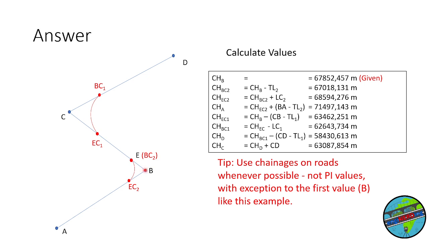So to go from B backwards on the road is minus. And that's why you'll see lots of minuses. So we have chainage of B minus this tangent length, and will give us our beginning of curve chainage. From there we can calculate our EC2. Now the EC2 for both curves are very easy. All it is, it's this chainage plus this curve of the road to get the next chainage.